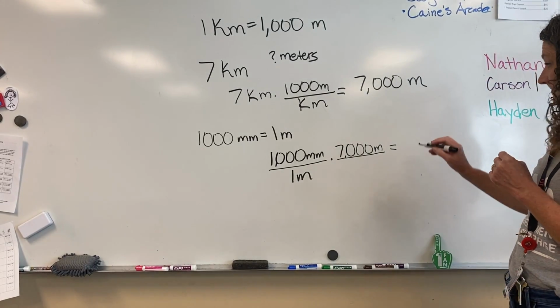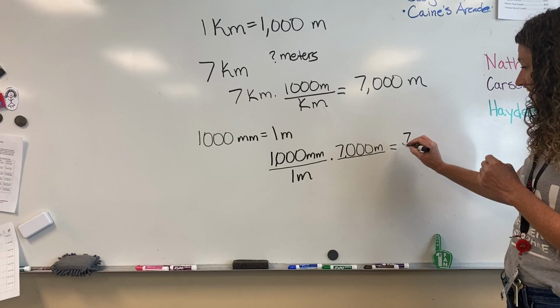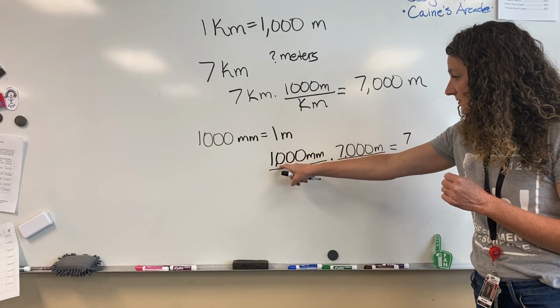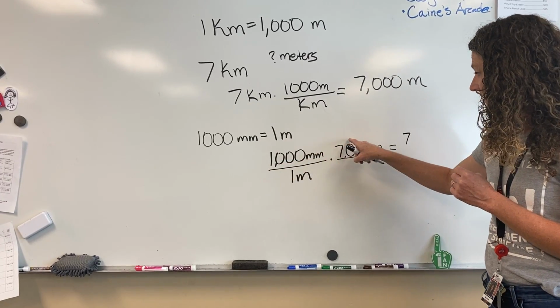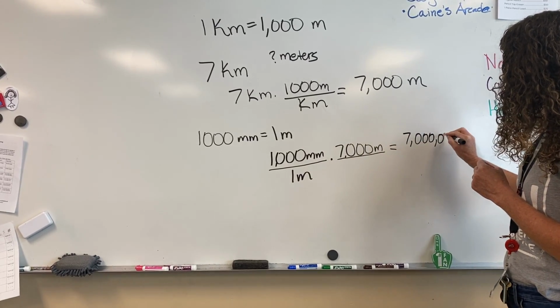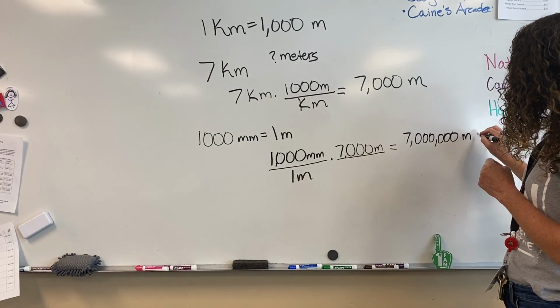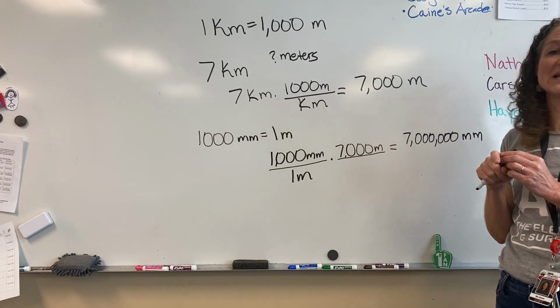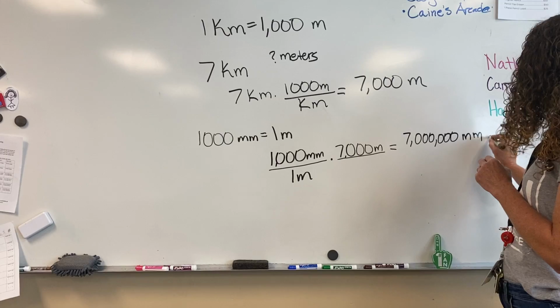Let's just start right. How many zeros are you going to have? 1, 2, 3, 4, 5, 6. Oh my goodness. Wow. 7 million millimeters.